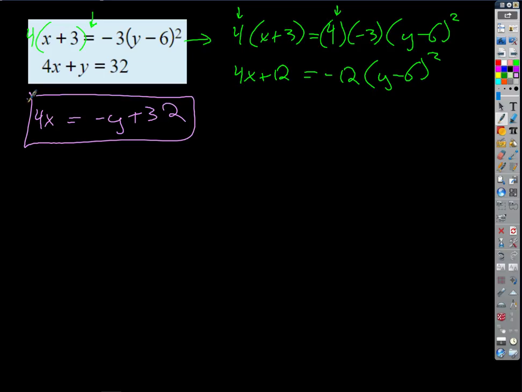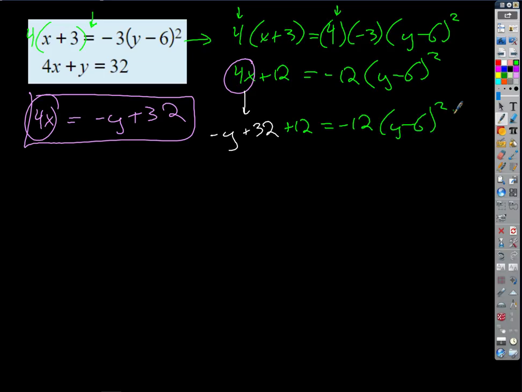And that becomes our substitution equation because we could just substitute for the 4x, right? That's pretty good, right? So when we do that, instead of a 4x, we're going to get a negative y plus 32, plus 12 equals negative 12 times y minus 6 squared, right?